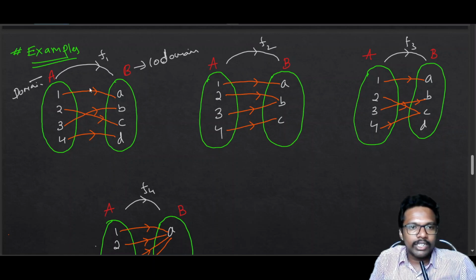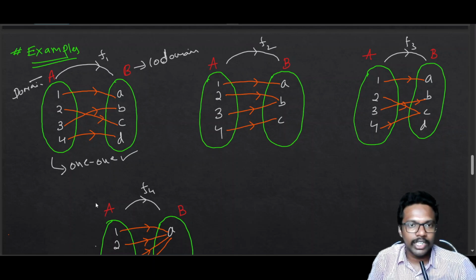See, from 1 there is an arrow mark, from 2 there is an arrow mark, from 3 there is an arrow mark, and from 4 there is an arrow mark. If you focus on the domain, every element of A has one and only one unique image. There is no repetition here. Unique image means indirectly we can say it is one-one. It is satisfying the one-one condition here.